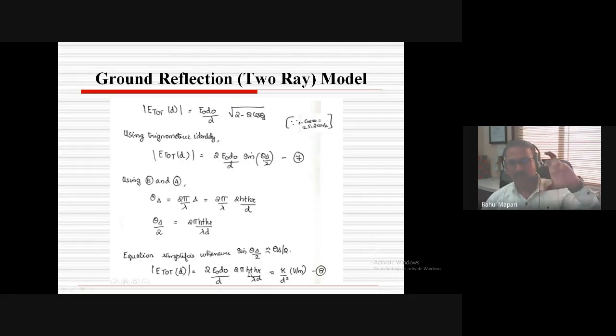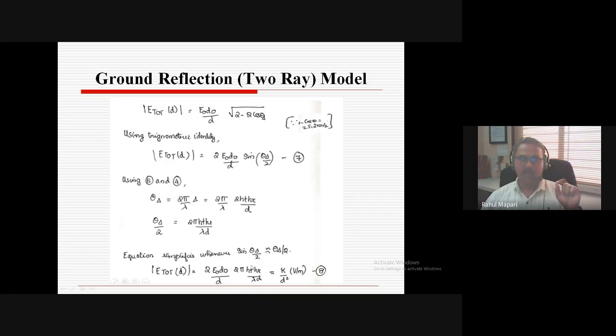HT means the height of the transmitting antenna. HR is the height of the receiving antenna. Once we form a model, this remains fixed. Then lambda is the wavelength, it remains fixed. Only what happens here is that we change the distance between transmitter and receiver. So here only one variable is there, and that variable is nothing but d.